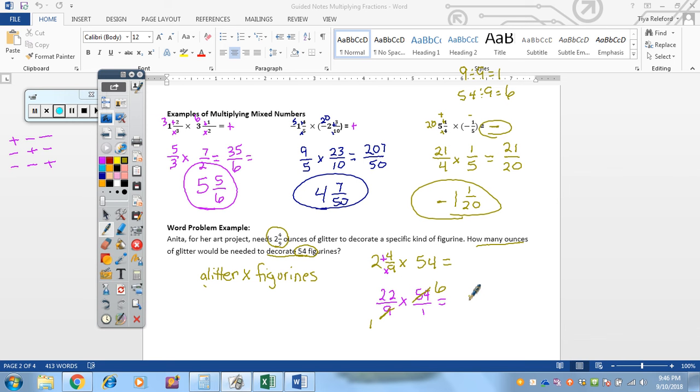Now I'm going to multiply across. Any number over 1 is just that number. If you are not doing the multiplication, you need to do so.